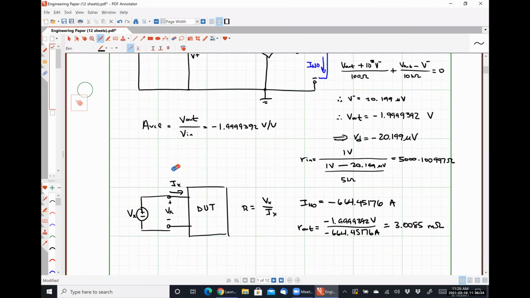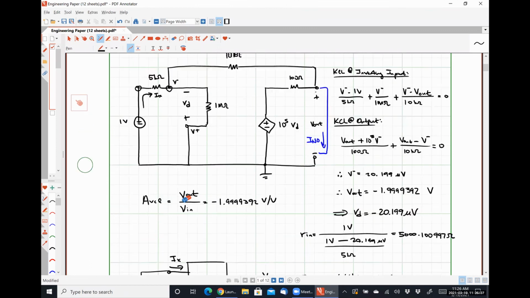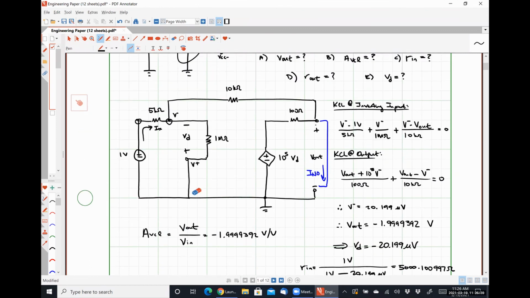So what is effectively happening here is, and this is going to be true for any negative feedback op-amp circuit, it doesn't matter where our input is applied, because we're speaking strictly about the output resistance. If our resistive network that we have applied, in this case the 5 kilo ohm resistor and the 10 kilo ohm resistor, is significantly larger than the internal output resistance of the op-amp, then it looks like a short circuit.